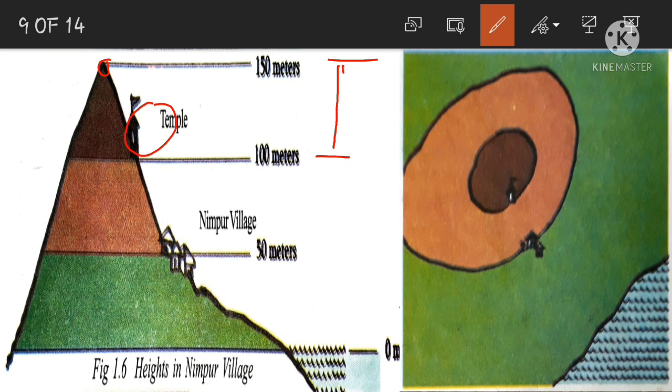This is shown in the map in reddish brown color. The reddish brown region is 100 to 150 meters above the sea level.